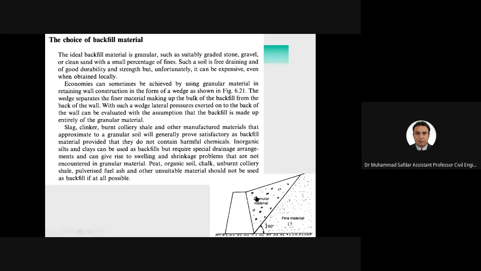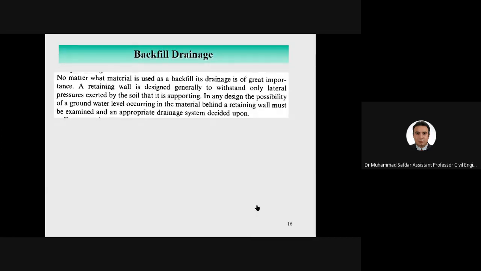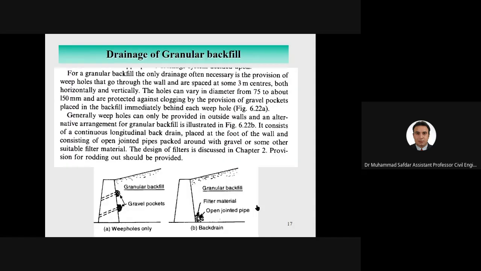So if we are constructing a retaining wall, it's always preferable to have granular material here so that the dissipation of excess pore water pressure would occur and it will not exert a significant amount of the hydrostatic forces which we discussed in GeoTech 2. Now, no matter what material we use as a backfill, its drainage is of great importance, and for designing the retaining walls we need to keep that in our mind.